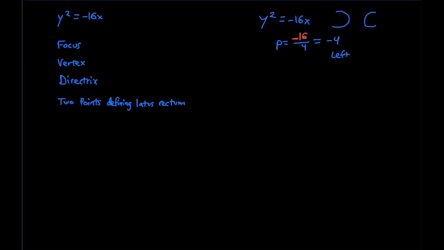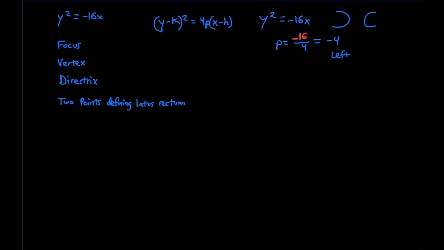Now, this is based off of this form of the equation. You have y minus k squared, then you have 4p, and that's where this 4 came from, by the way. The 4p equals negative 16. But then you also have x minus h. So the thing about this form of the equation is that if you look at the one that we have, there's no parentheses for y or x.